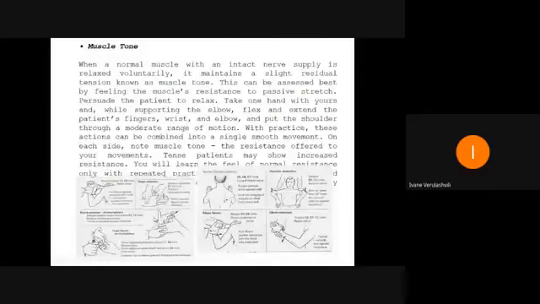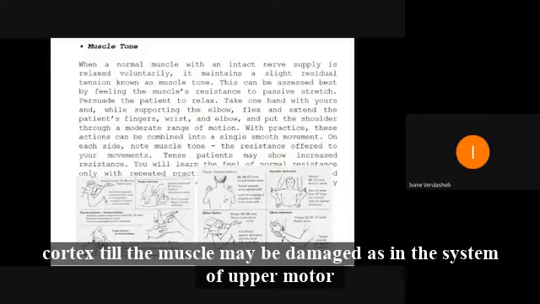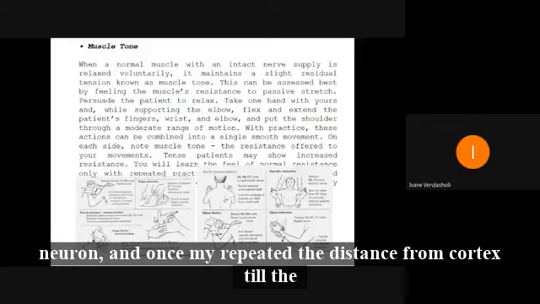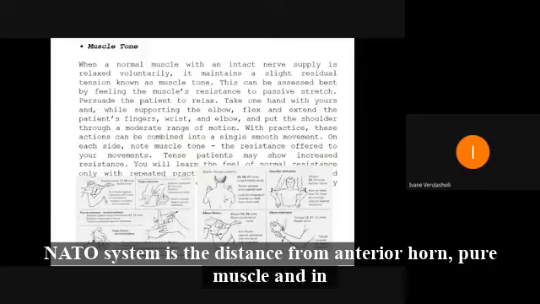So, as you see, damage of this long projective tract, beginning from the cortex to the muscle, may occur as in the system of upper motor neuron, and once more I repeat, it is the distance from the cortex to the anterior horn, while in the lower motor neuron system, it is the distance from the anterior horn to the muscle.